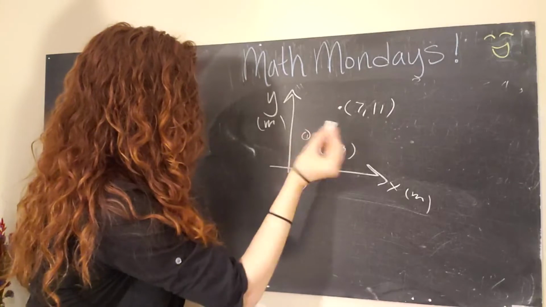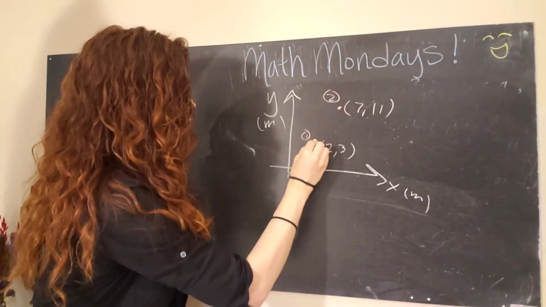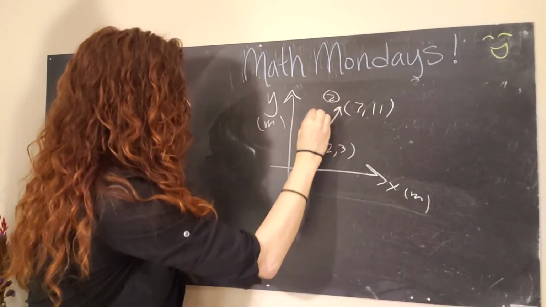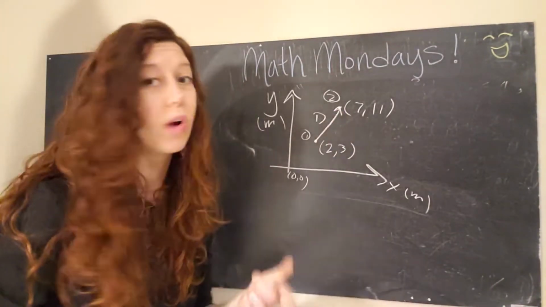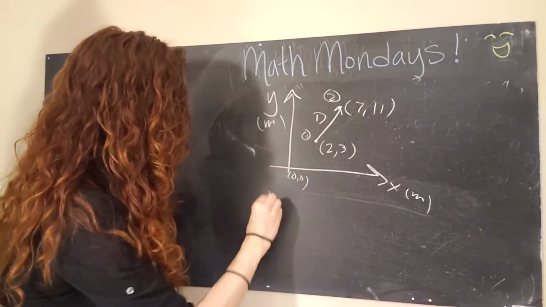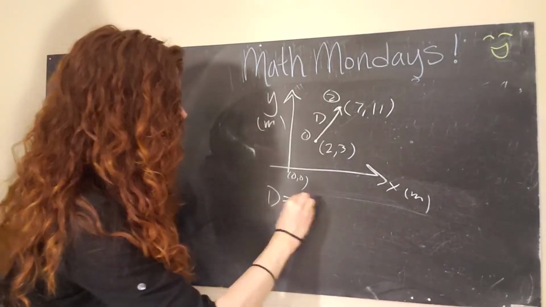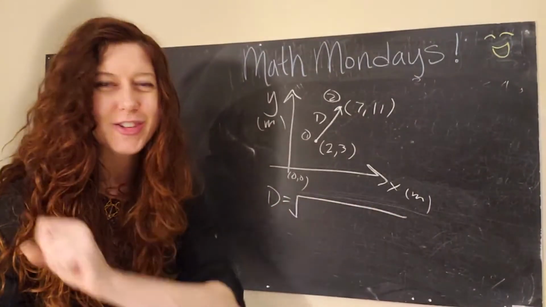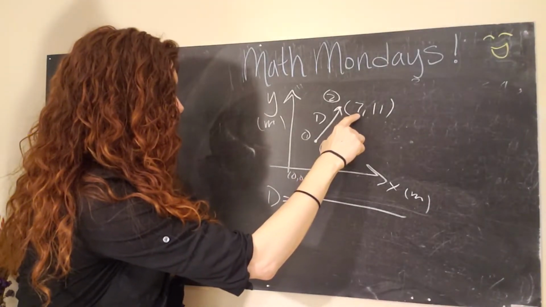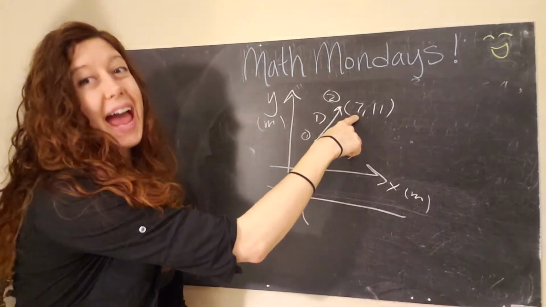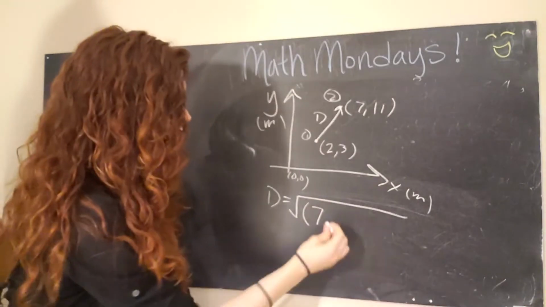So this is our starting point, and this is our ending point, and I want to find the distance that I traveled between where I started and where I ended. And so to do that, we use the distance formula that we just figured out, and we say, okay, so I subtract the position I ended at in the x direction, which is 7.